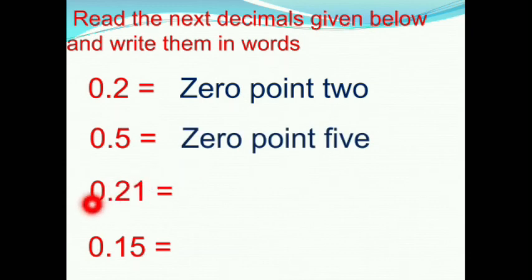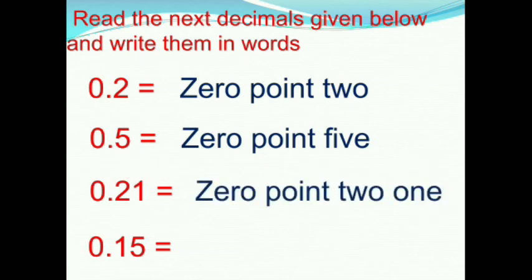See this question. First we have 0, then point, next 2, next 1. We will read it as 0.21. See the next question. First we have 0, then point, then 1, then 5.